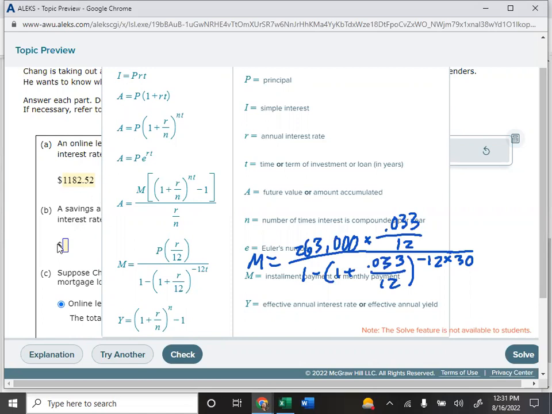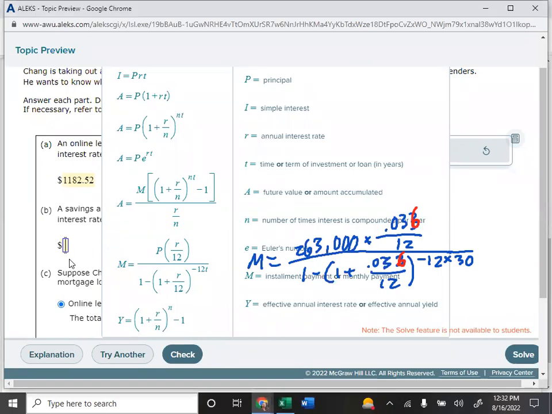Now for the second mortgage, or the second loan, the only difference, like I said, is instead of 3.3% interest, it's 3.6. That is the only difference. So you type that in. And what do we get?